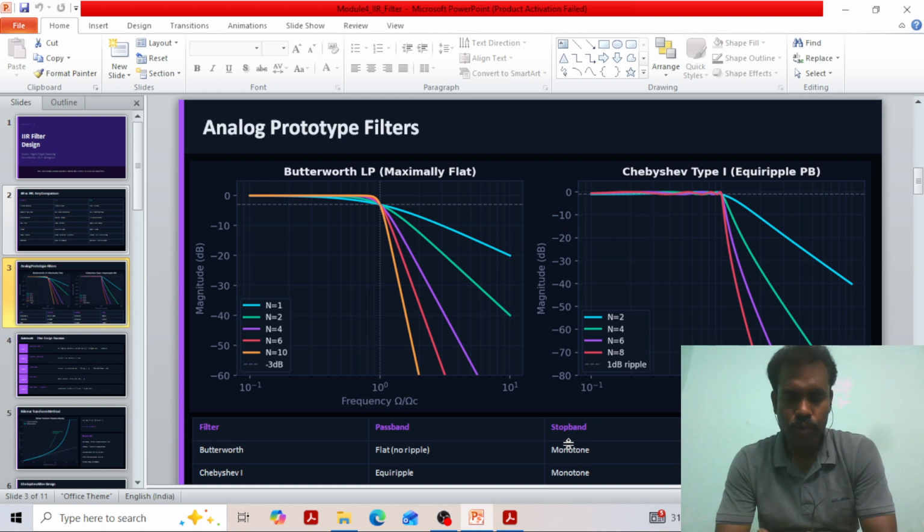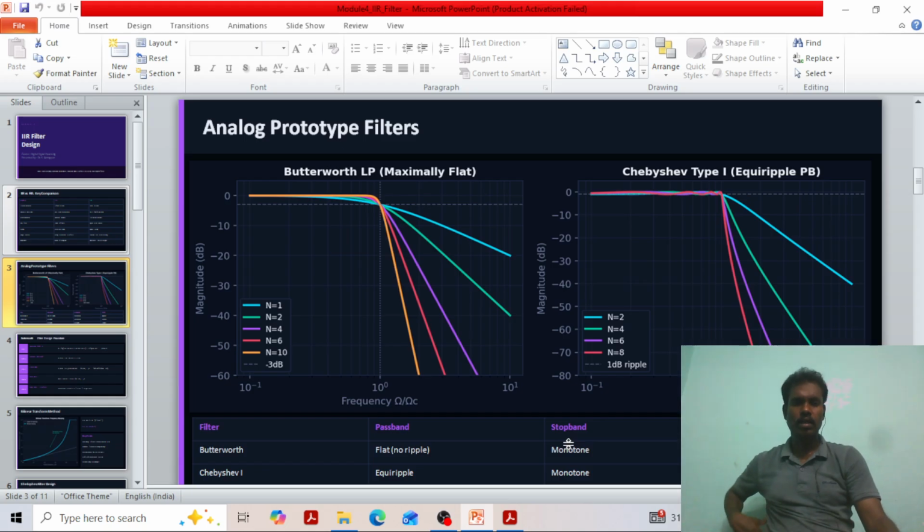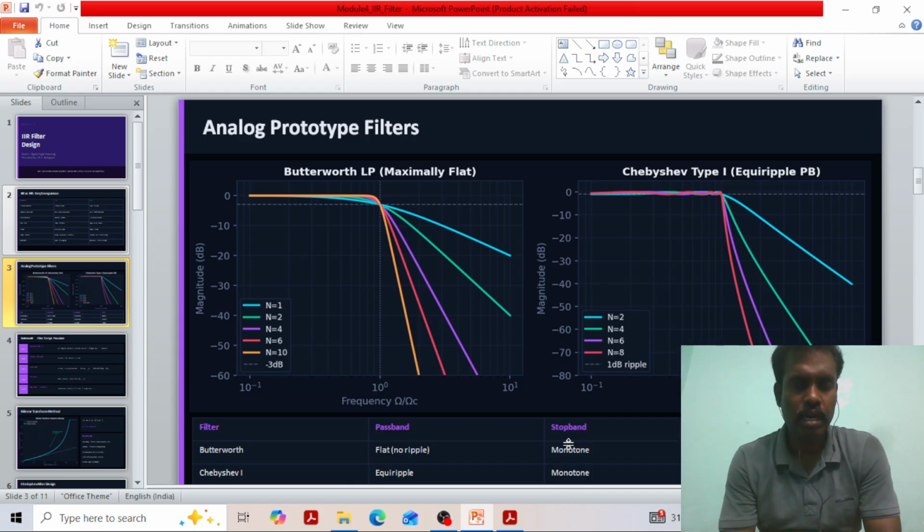So how will the frequency response of the filter change with respect to frequency in a practical manner? Ideally, we know how the ideal filter must be, but practically, it is not possible to achieve that ideal transfer function.